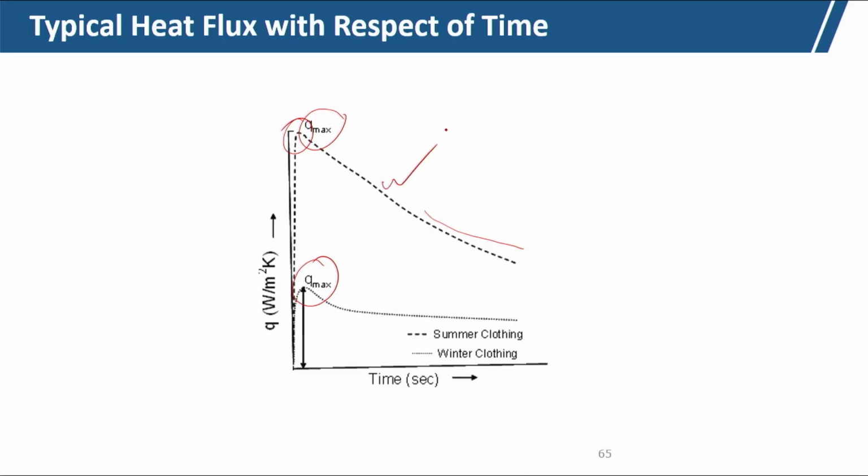If it is high Qmax, this fabric will be for summer, because in summer we need cool fabric, and in winter we need warm fabric. Lower Qmax means it is warm fabric, because it is not taking the heat at all, but high Qmax means it is taking a high amount of heat from the body.